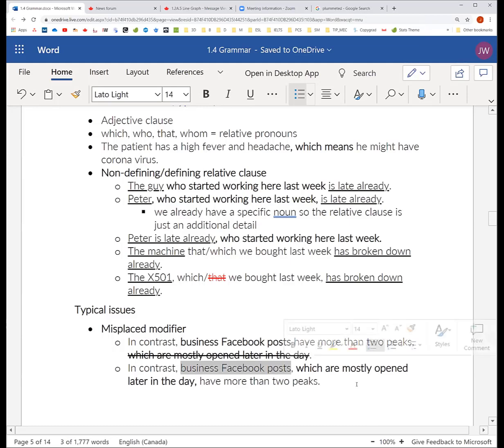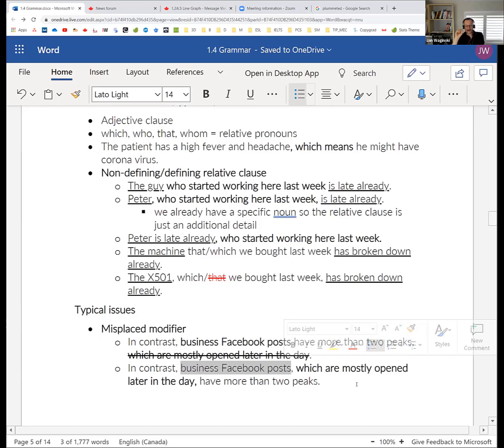Remember in the previous class, we had that example where we had the subordinate clause in the middle of a sentence. And then we moved it around. We moved it to the beginning of the sentence, we moved it to the end of the sentence, and it was perfectly fine at the beginning, in the middle, and at the end. That was an example of an unbound modifier.